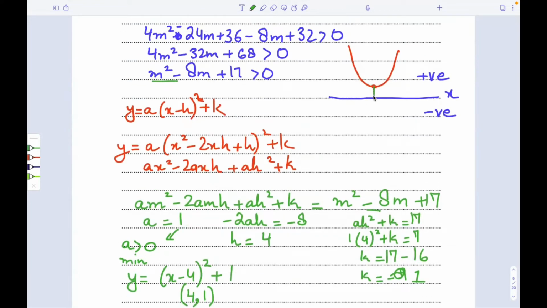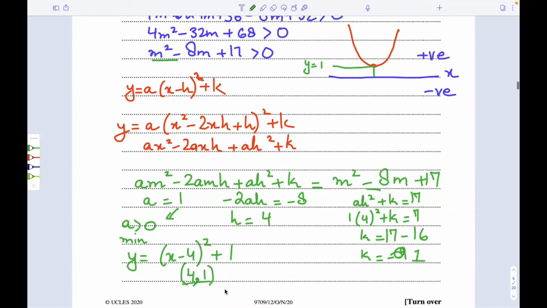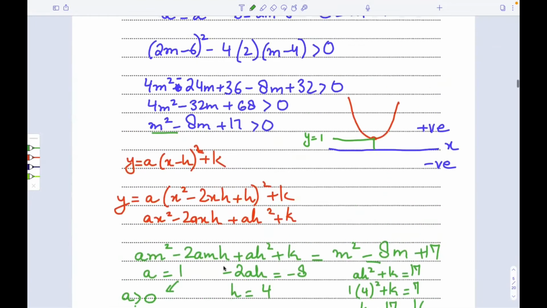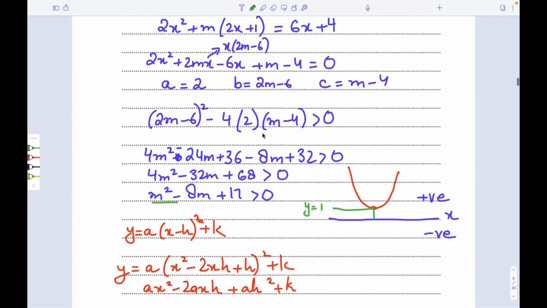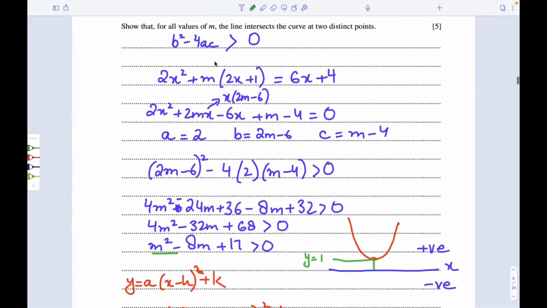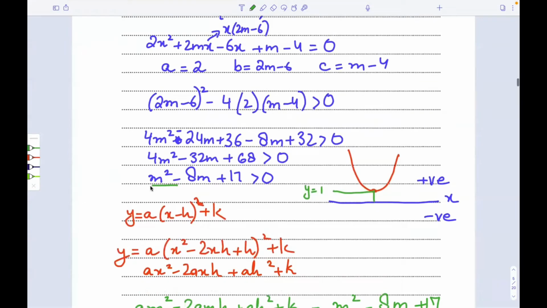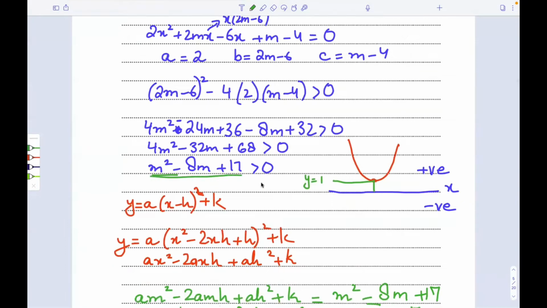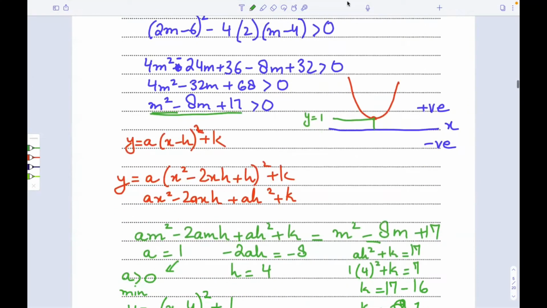As this point is 4 comma 1, the curve can never go below y is equal to positive 1. So this is how we prove that the whole curve is above the x-axis. And this is how we show that for all values of m, the line intersects the curve at two distinct points. So we had to prove that this whole curve is above the x-axis, or greater than 0.